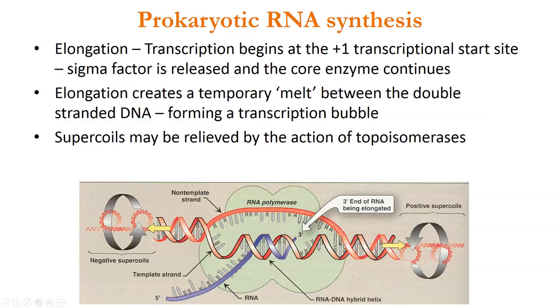So elongation, so transcription begins at the +1 transcriptional start site. And as transcription begins, that sigma factor is going to fall off fairly quickly, within a few nucleotides after transcription begins. And so this process of elongation, first of all, you had to open up the DNA to begin with, and then as it moves along, it creates this bubble, just like a bubble that's created during DNA replication.